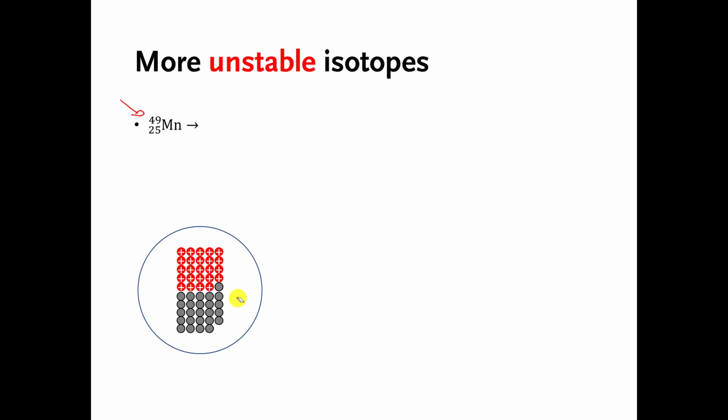So we're going to write the decay equation for manganese 49 decaying. Well, it fires off a positron. So believe it or not, this is how you write the symbol for a positron. You write E for positron, lowercase e, right? That's a joke. Well, it's not really a joke because that is what you write. That thing has the same weight as an electron.